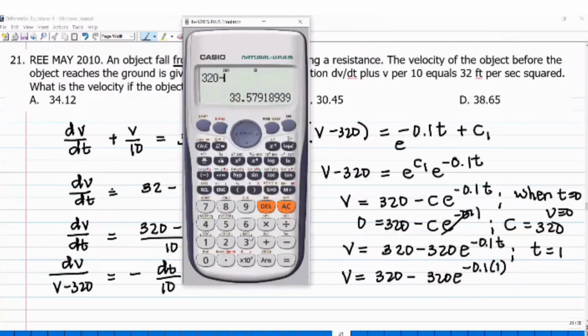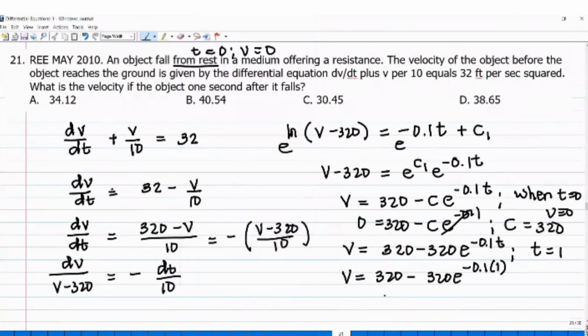So 320 minus 320, shift E, negative 0.1 times 1. So 30.45. So that will be feet per second.